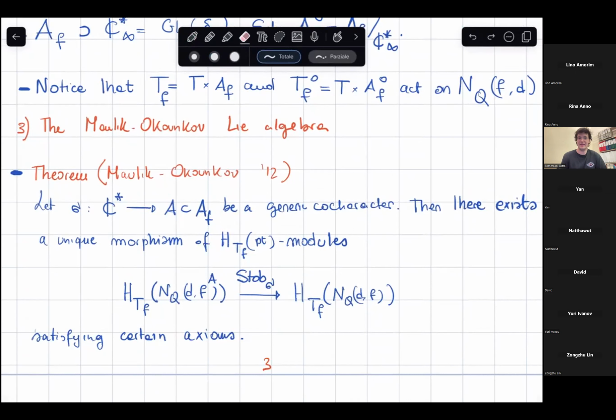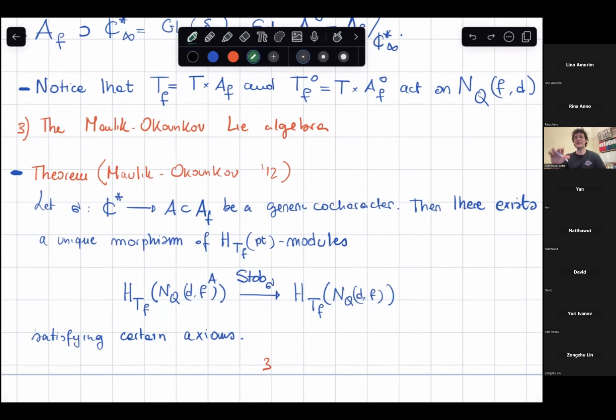Then Maulik and Okounkov tell us that there exists a unique morphism of modules over the TF-equivariant cohomology of the point, that goes from the fixed locus of my quiver variety to the cohomology of the whole quiver variety. And this is unique because we ask this morphism, which is called the stable envelope, for this choice of cocharacter sigma, to satisfy certain axioms.